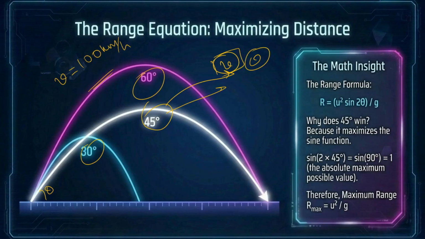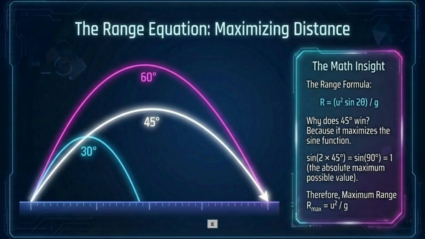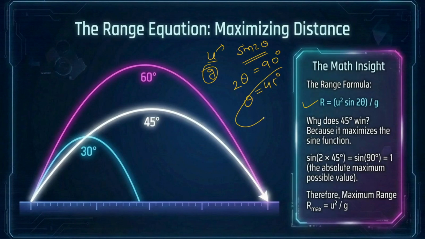Here I write the range formula, which is u squared sine 2 theta upon g. Here u is a fixed amount, g is always a constant, and we have to consider sine 2 theta, which is maximum when 2 theta is 90 degrees. So from that we can also get the theta from the formula.